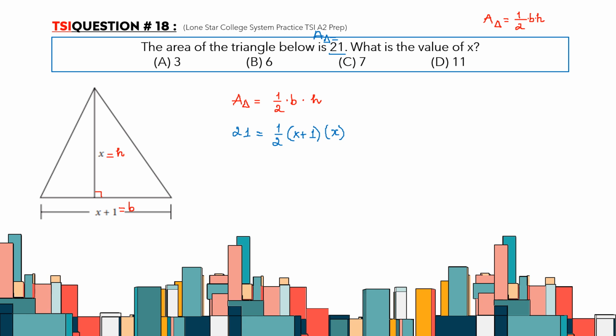Now, we don't want to work with fractions, so we get rid of the fractions by multiplying 2 on each side. So 1/2 multiplied by 2 will be equal to 1. We cancel that 2 and that 2. We are left with x multiplied by x plus 1 equals 42.